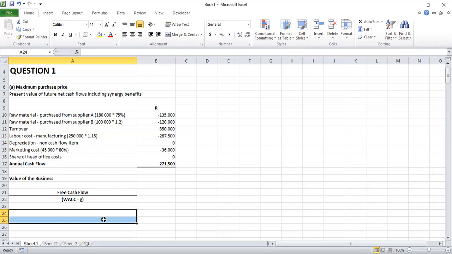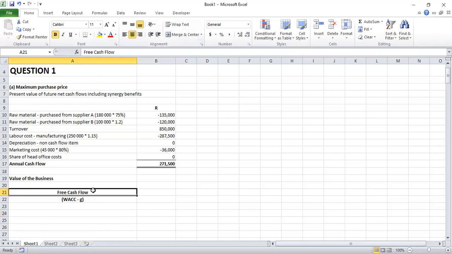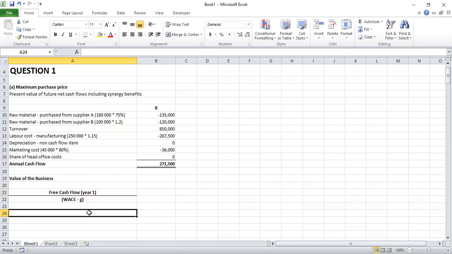Right. So that means the free cash flow that we take here is the free cash flow in year one. It's the Gordon dividend growth model. Remember our Gordon dividend growth model, that's D1 over Ke minus g. That's the same formula that we use to value this business.